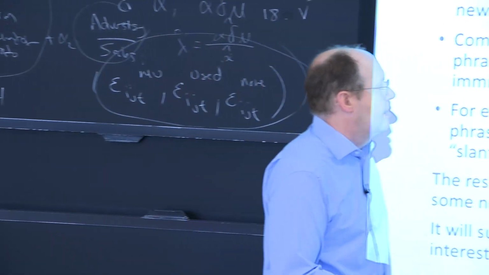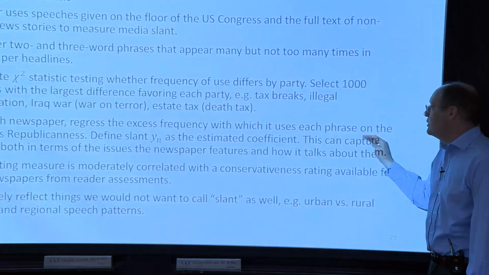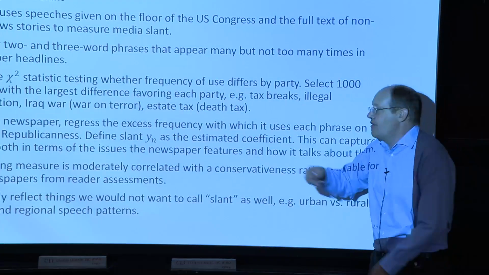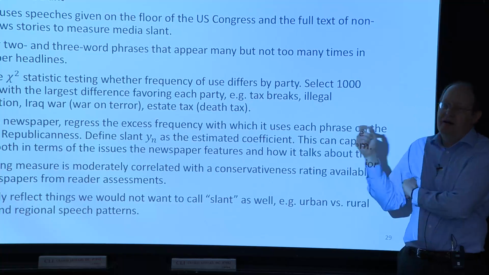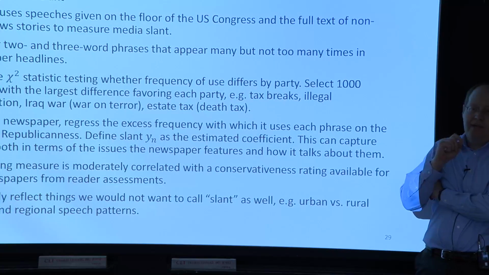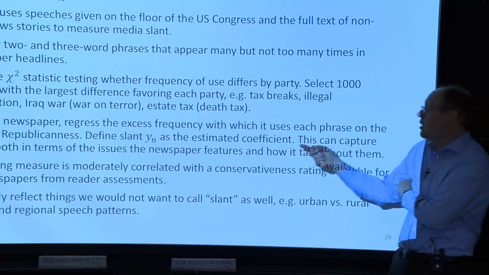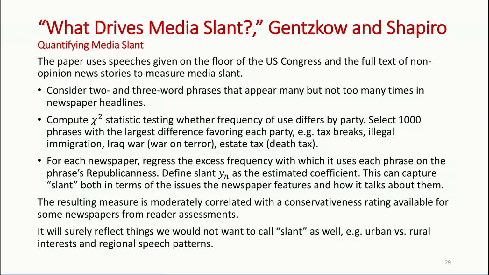And then for each newspaper, they regress the excess frequency with which it uses each phrase on that phrase's Republicanness, and they define the slant of the newspaper as the coefficient on that variable. So if it's using almost exclusively Republican phrases, it's going to have a very high coefficient.